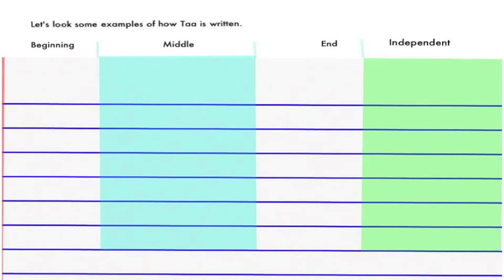When we write taa independently, we write it like this. A good example of when taa is written independently is the word toot, which means strawberry. When we write taa at the end of the word, it often attaches itself to the letter before, like this.